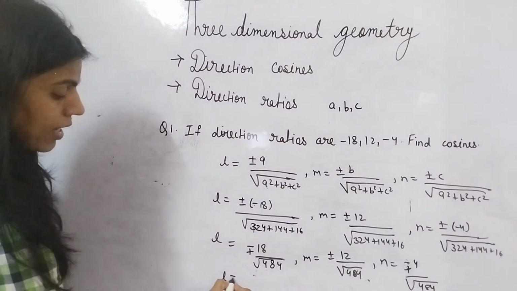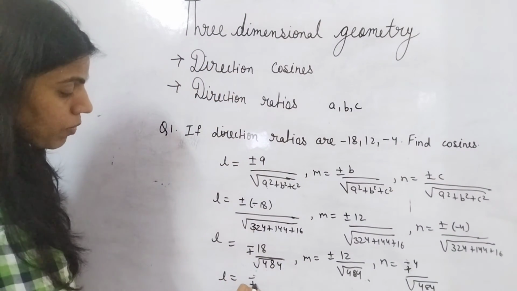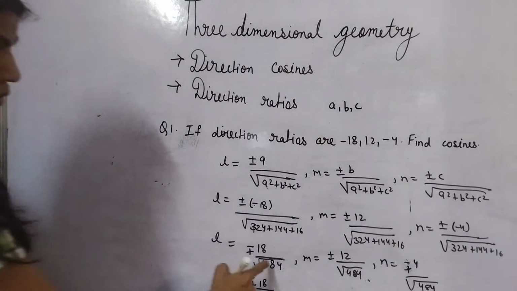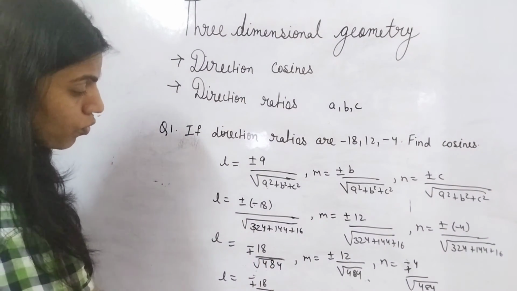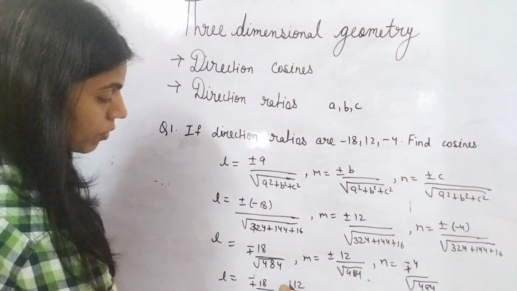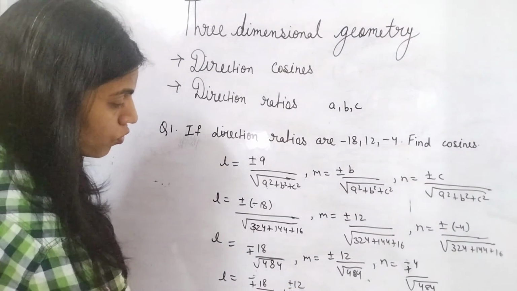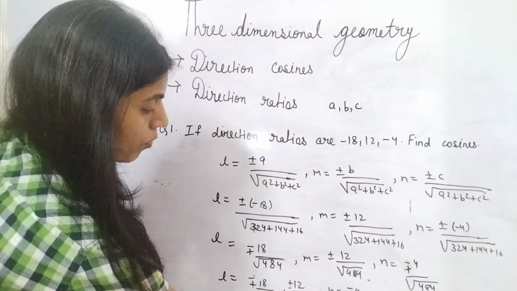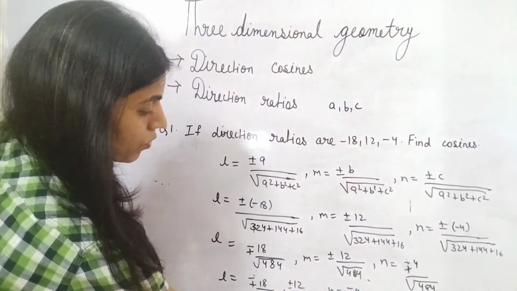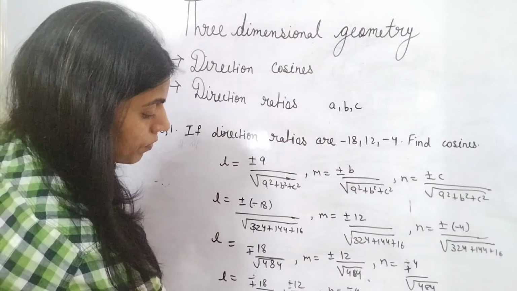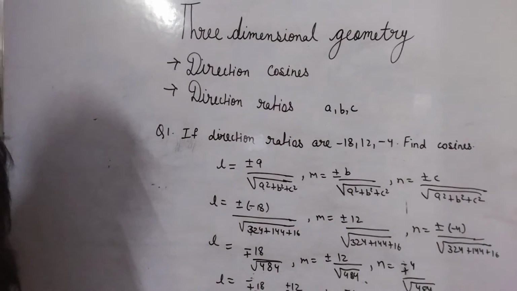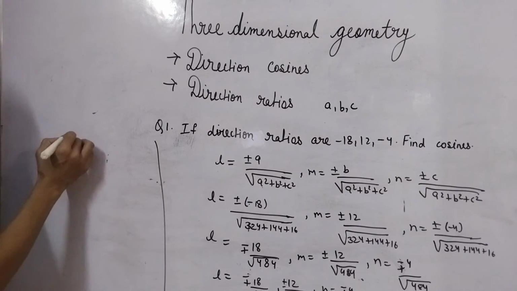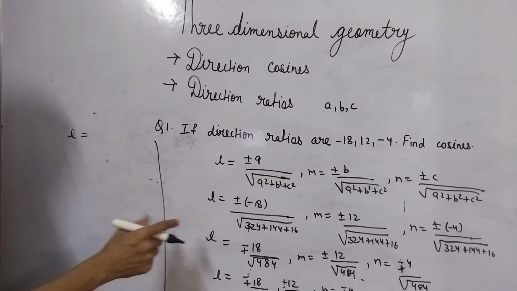Now the square root of 484 is 22, so l is equal to plus minus 18 upon 22, m is equal to plus minus 12 upon 22, and n is equal to plus minus 4 upon 22, right?